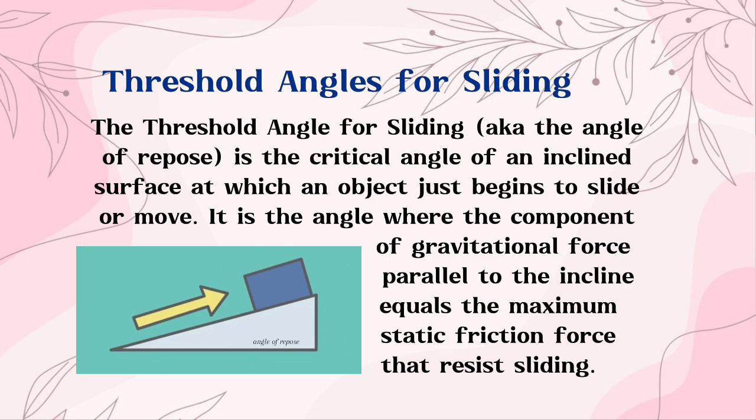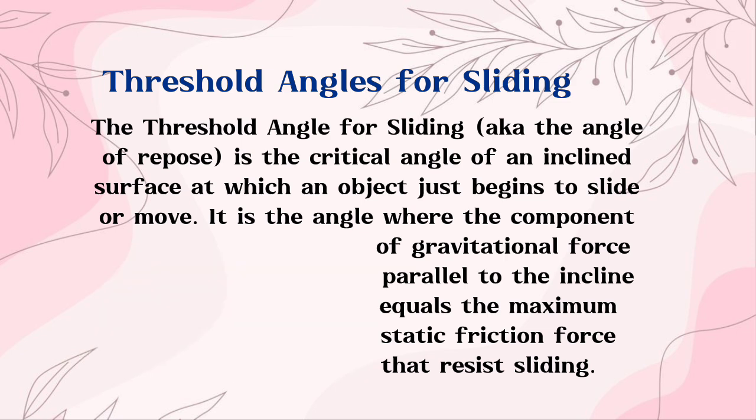This is the angle at which an object on an inclined surface begins to slide. Sabi ko nga kanina, diba? It represents the limit at which the force of gravity overcomes the frictional force.